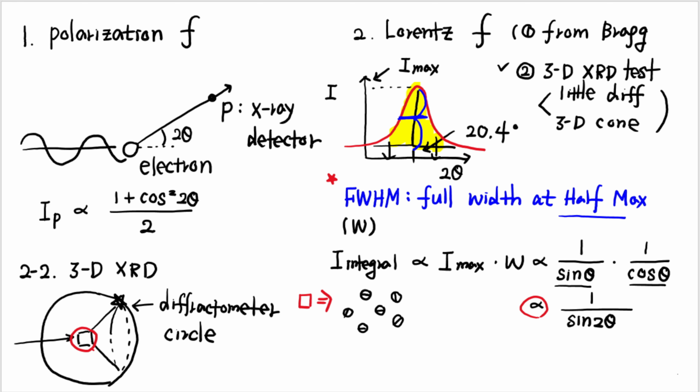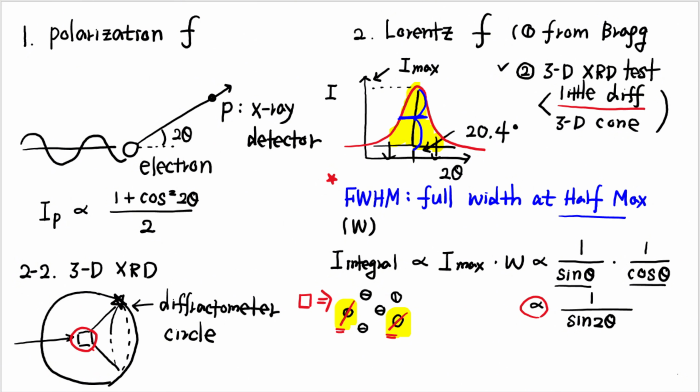But if you take a look at here and this one, the orientation seems to be quite similar to each other, right? The angle between them is almost negligible. This means actually we need this one, but this also can be diffracted, right? This is talking about a little difference in orientation when we use powder material, right?